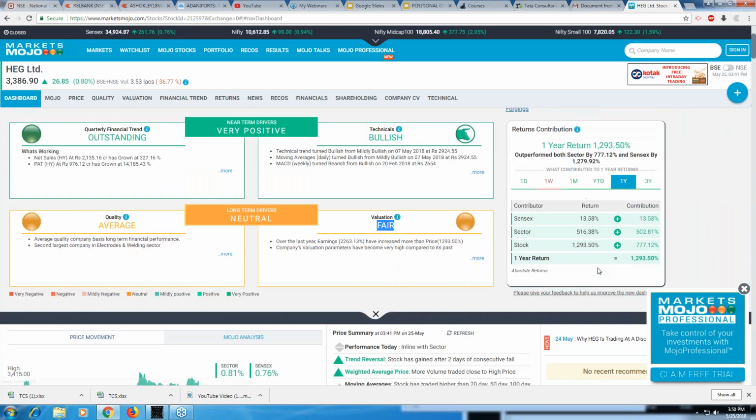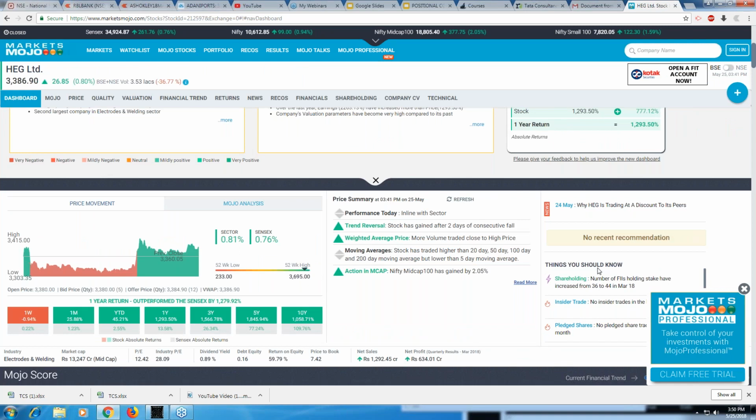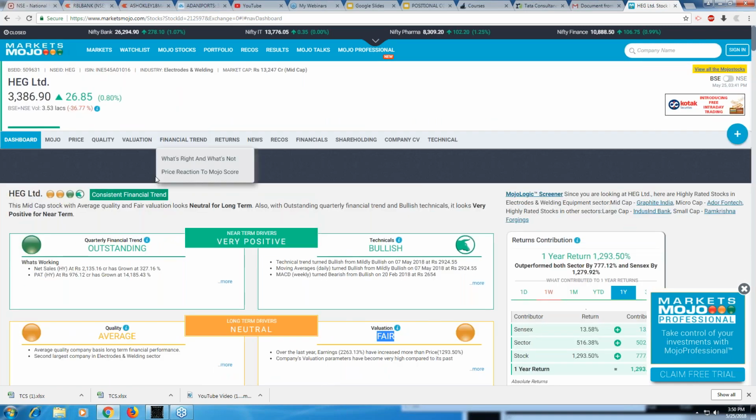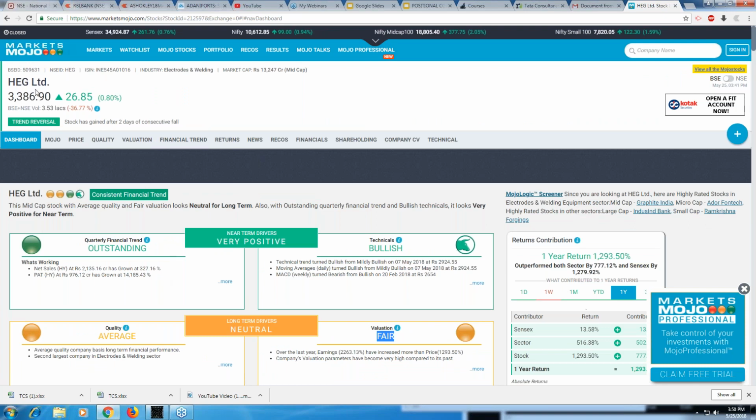Then there are finer things that you can figure out here and go through about HEG. So let's see here the price and everything. Compared to the 5-day average volume of 5.58 lakhs at 3:41 p.m., right? Compared to that, the volumes are lesser.